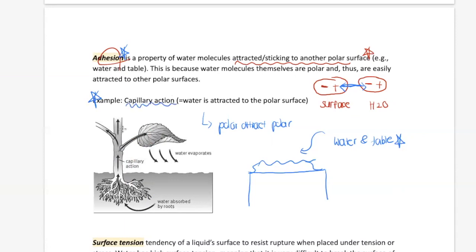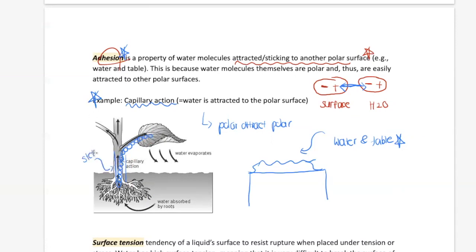So how? So we learned about cohesion where water molecules are pulled upward due to the cohesive force between the water molecules. You'll also have to recognize that water molecules are also being attracted to the polar surface or the polar stem.